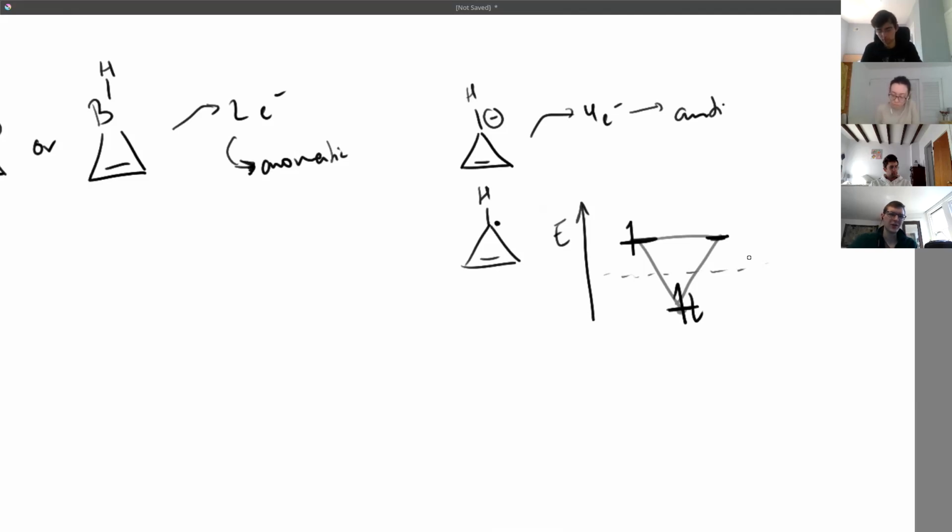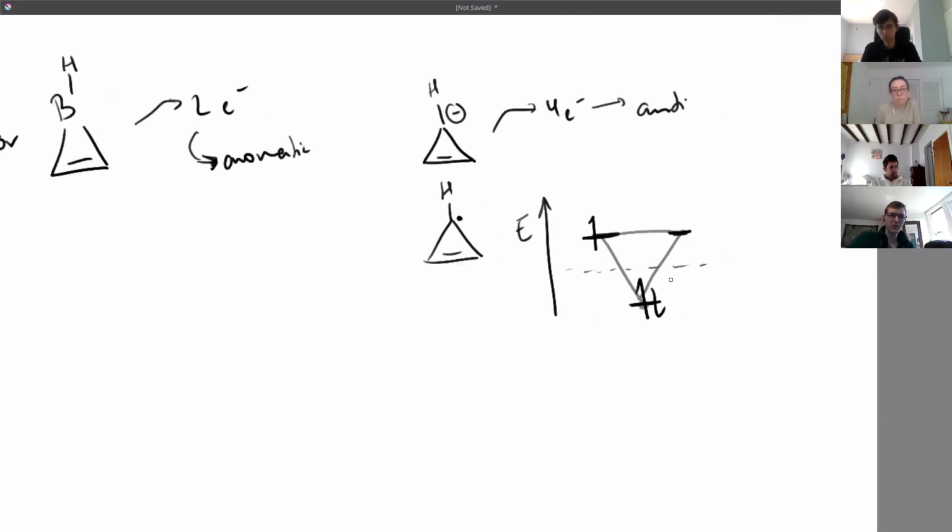So I don't know if we would classify this as one of the 3: non-bonding, non-aromatic, anti-aromatic, or aromatic. I guess it would be non-aromatic, but, yeah, I guess so. But we don't normally classify radicals in that way.